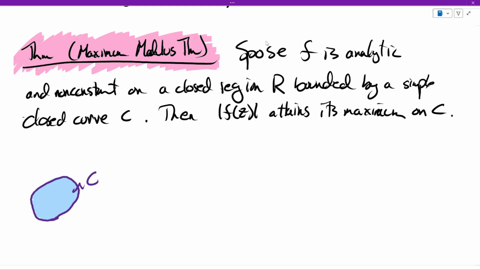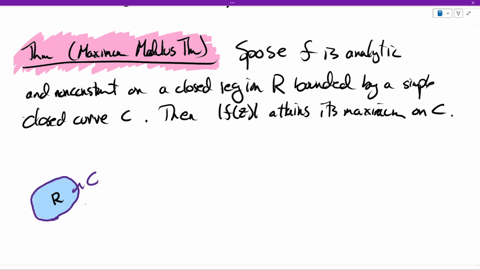Here's C, and then R is, of course, on the inside. And we have an analytic function on it, and in particular, it's analytic on C. So the derivative exists in a neighborhood of C, so in a slightly larger region.